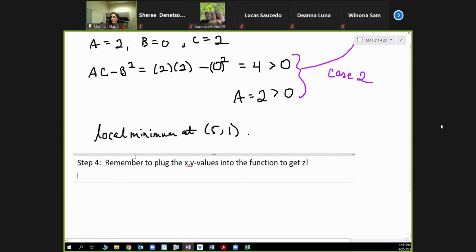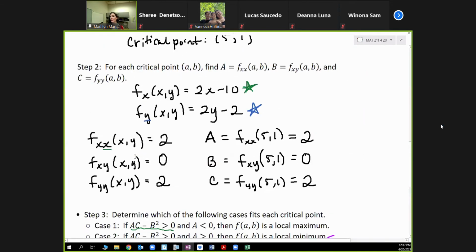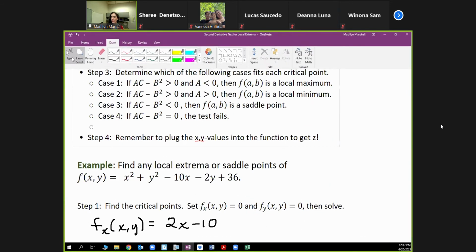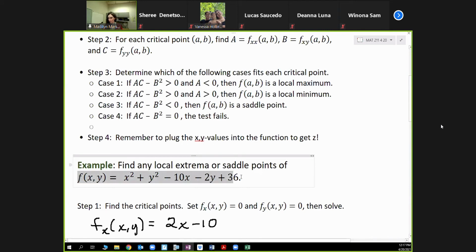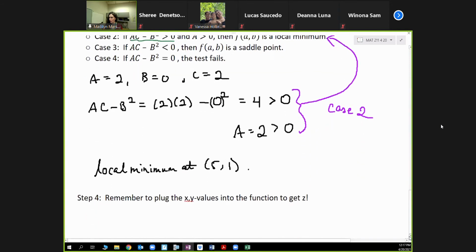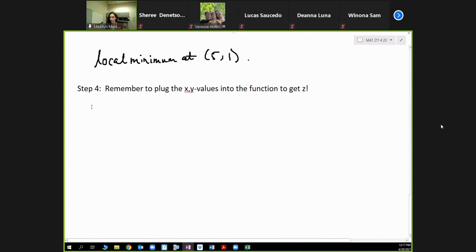So our original function, let me grab it. So this was our original function.